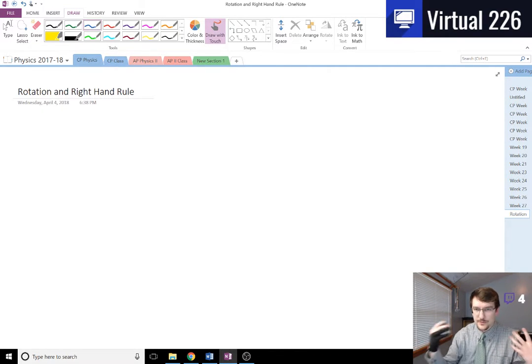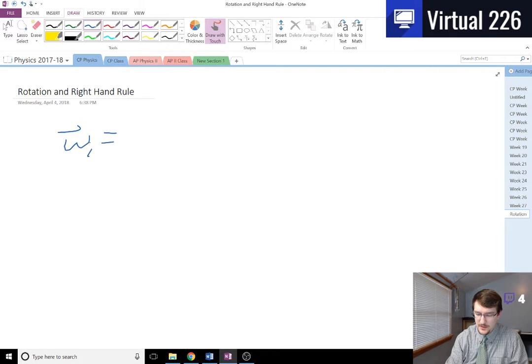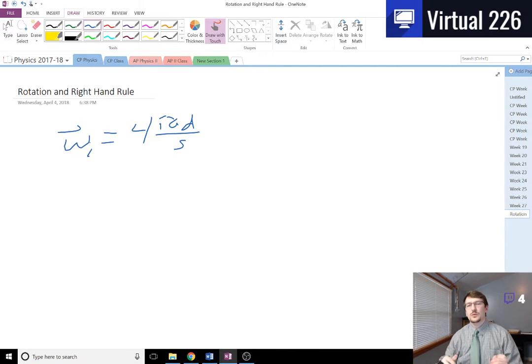But let's say we have some rotating object that has some initial angular velocity of 4 radians per second. Remember, radians themselves aren't a true physical unit, but it gives us an idea of how much something is rotating.